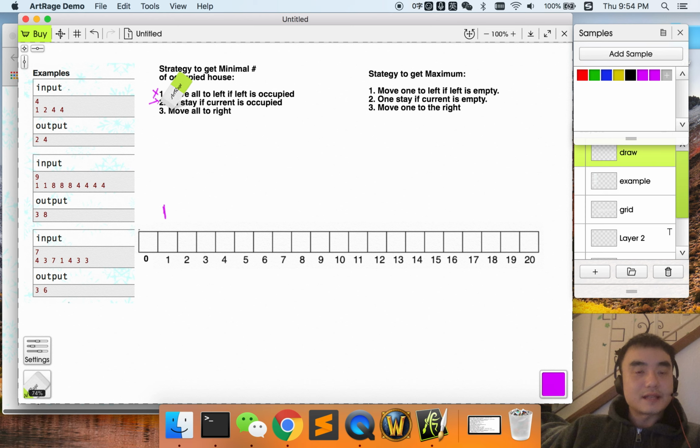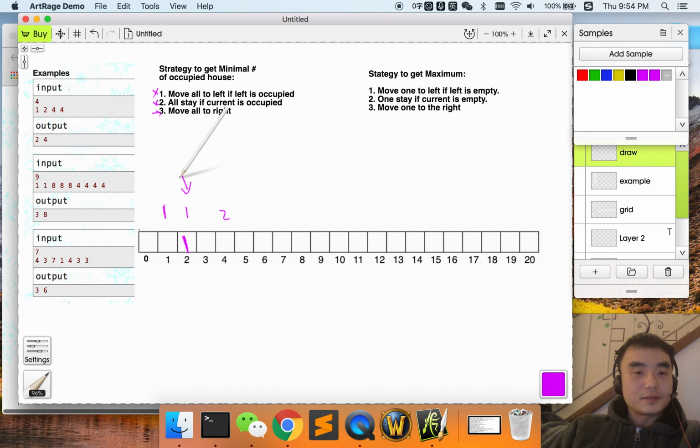So we throw out the second strategy, right? We try the third strategy. So we can move all these guys to its right. So we occupy this house, right? And we move on. We move the pointer to the right.